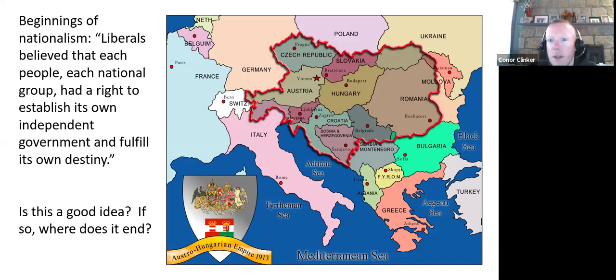Because if you look at some of the countries that are in that red area now, the Czech Republic and Slovakia. Well, Czech people are different from Austrians and Croatians and Romanians, etc. And Czech nationalists decided that they wanted their own nation, the Czech Republic, because Czechs are different from Bosnians.